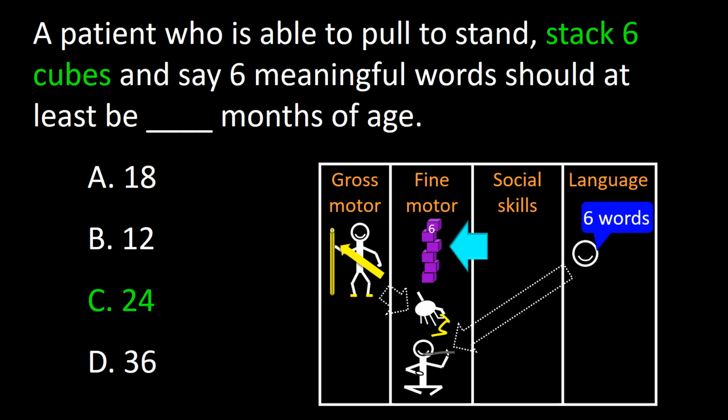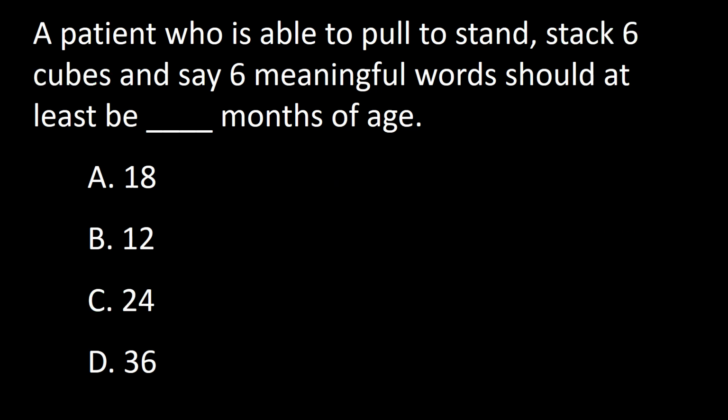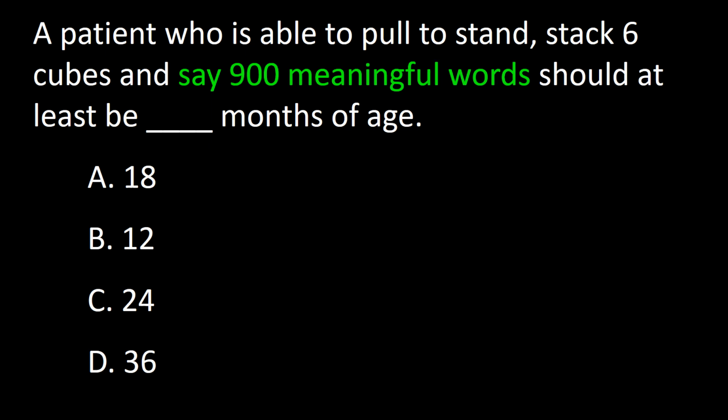But let's look at a variation of this question. And the variation consists of being presented with a question that, instead of having been able to say 6 meaningful words as a milestone in the stem of the question, has been able to say 900 meaningful words.